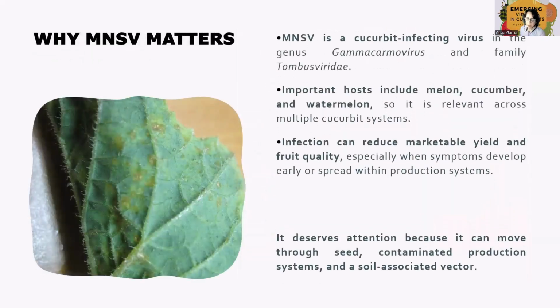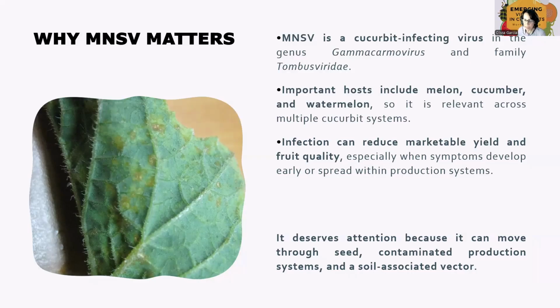MNSV belongs to the genus Gammacarmovirus and the family Tombusviridae. Important cucurbit crops include melon, cucumber, and watermelon. This virus matters because infection can reduce both marketable yield and fruit quality.